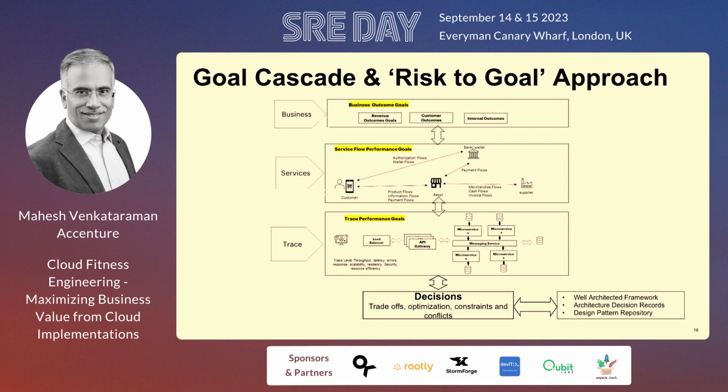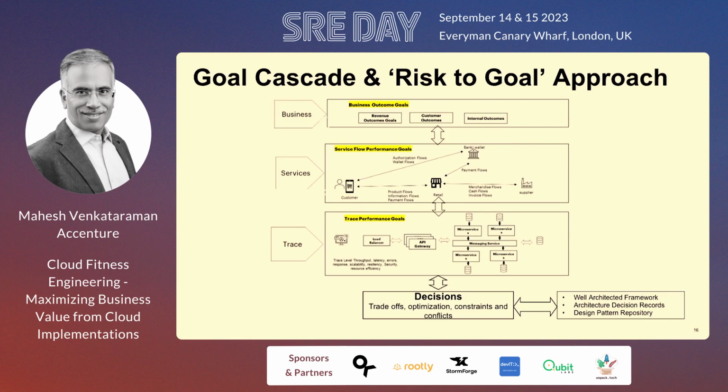Service, all your throughput, latency of every payment service flow, or customer journey, or supply chain service flow. And from there, cascaded down to the trace performance goal. And this is not going to be easy because of the sensitivity at every level of change.